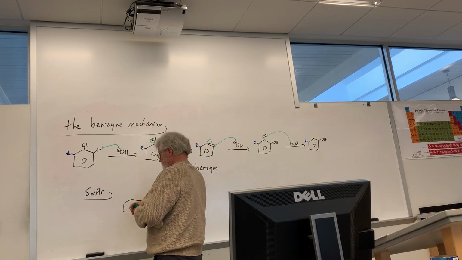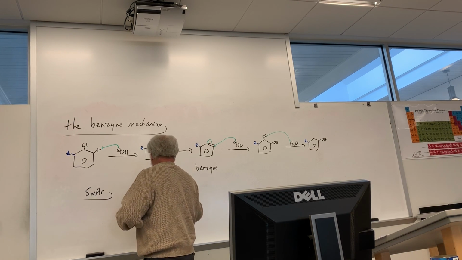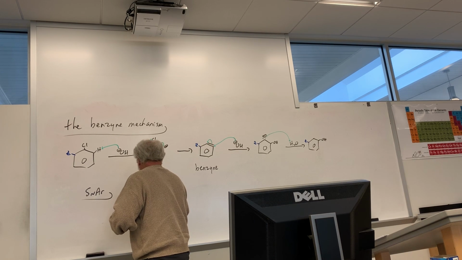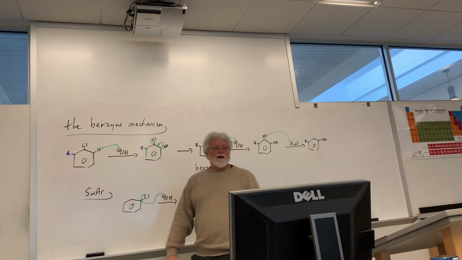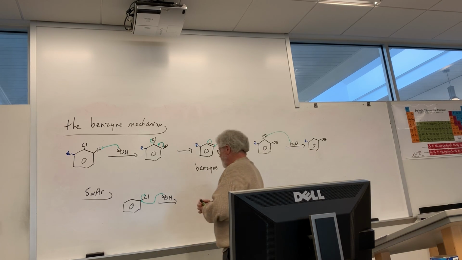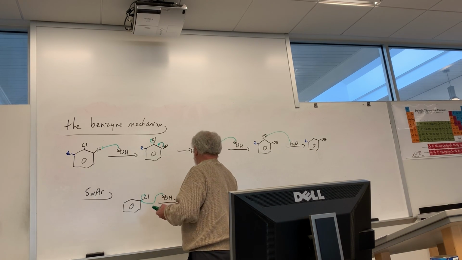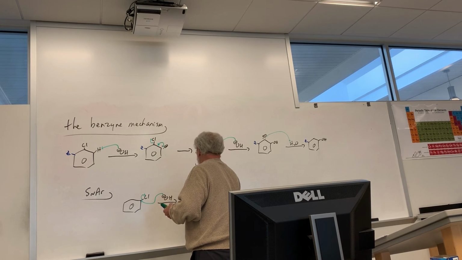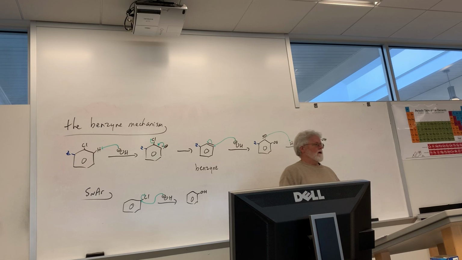which is basically a forced, unlikely, difficult to do mechanism, but if you crank up the temperature high enough, you crank up the pressure high enough, you can get essentially just a straightforward nucleophilic substitution. What carbon is the hydroxyl group going to end up on relative to the carbon that the chlorine group was on?